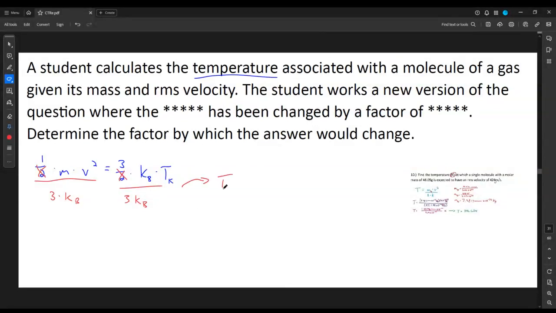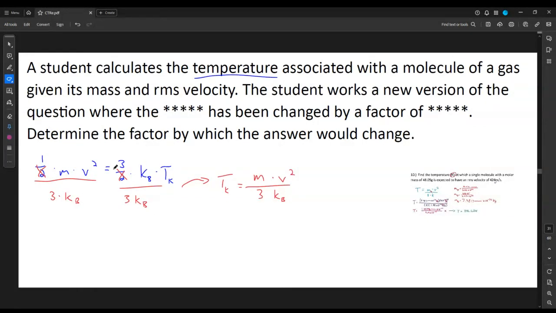But anyway, if we finish rearranging this formula, you end up with the mass, and we need to be careful and remember that this is the mass in kilograms, but that's an adjustment that we would have made during the work, times velocity squared divided by 3 times Boltzmann's constant. Okay, like the previous question, which was number 8 from the old notes, 3 and Boltzmann's constant are just constants.